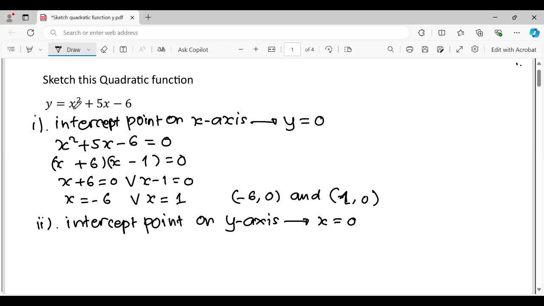On this function, if x equals 0, the function will be y equals 0 squared plus 5 multiply 0 minus 6. So y equals minus 6. And the coordinate point is 0, minus 6.